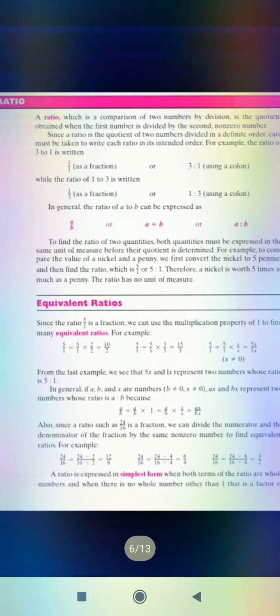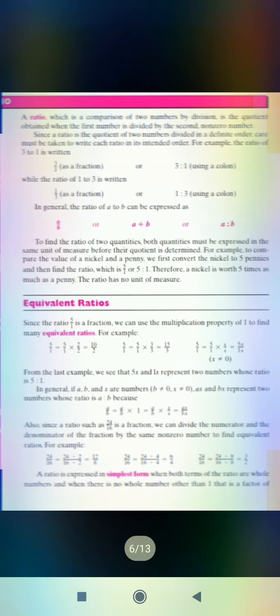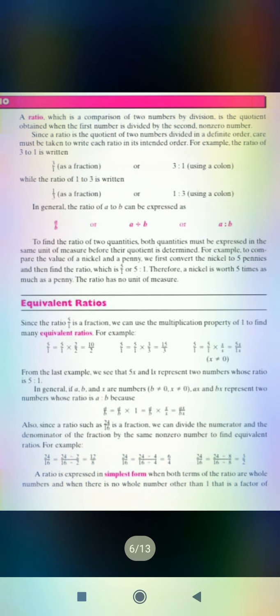A ratio, which is a comparison of two numbers, is the quotient obtained when the first number is divided by the second non-zero number. Since a ratio is the quotient of two numbers divided in a definite order, care must be taken to write each ratio in the intended order.